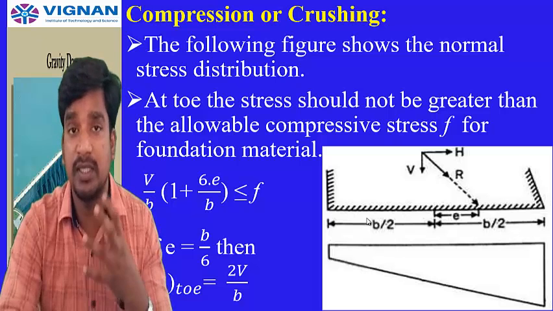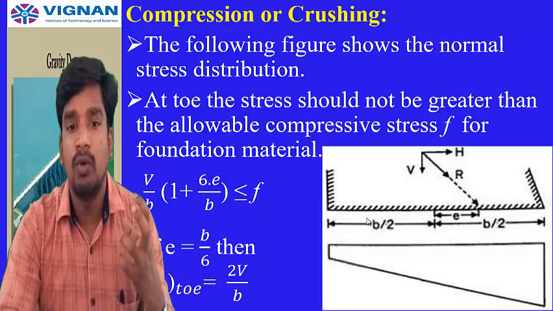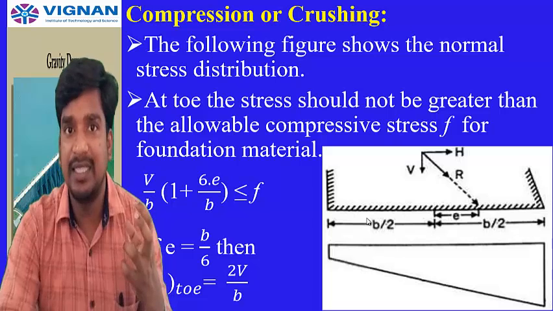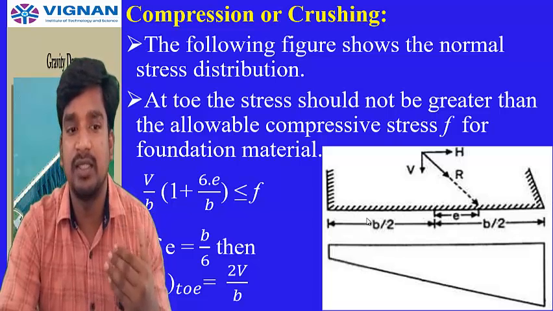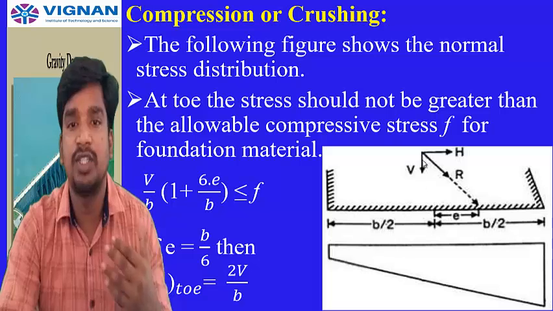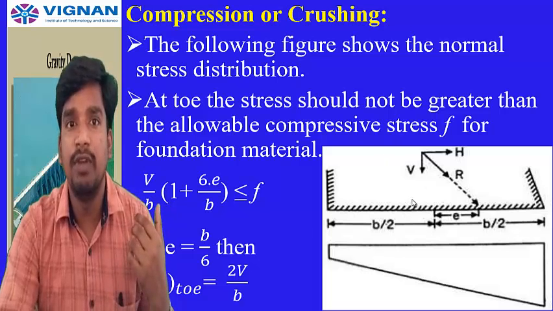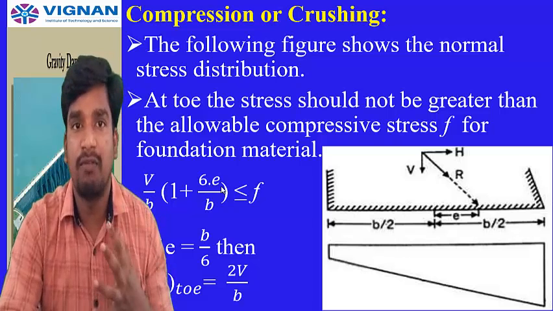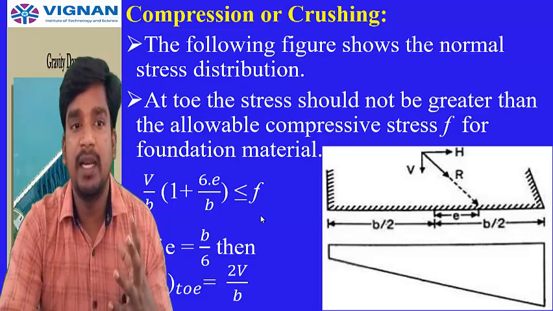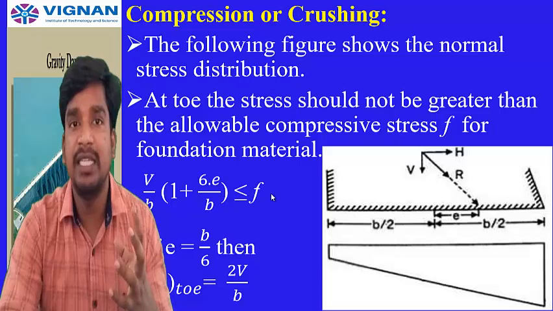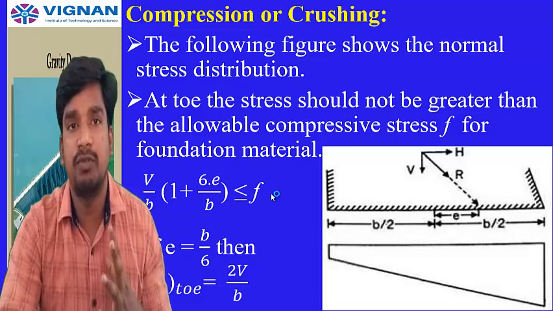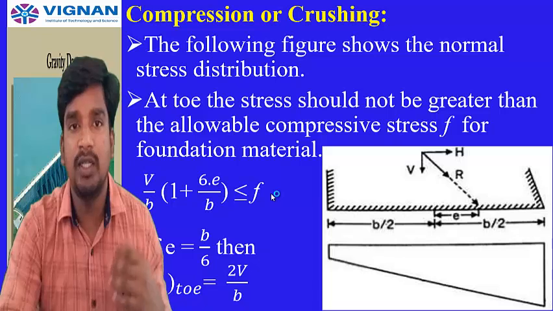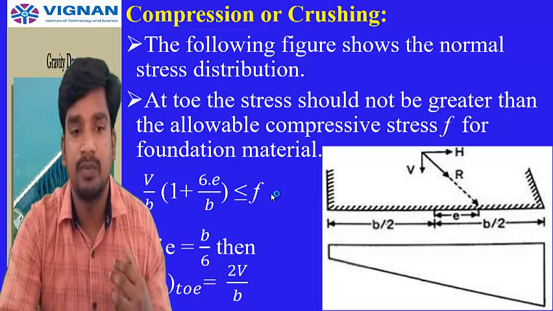Whatever stress exists at the toe will be less than the compressive strength of the foundation material. So V by B into 1 plus 6e by B should be less than or equal to allowable compressive strength f. Then only this particular base of the dam is safe against crushing or compressive forces. Otherwise it is not safe.